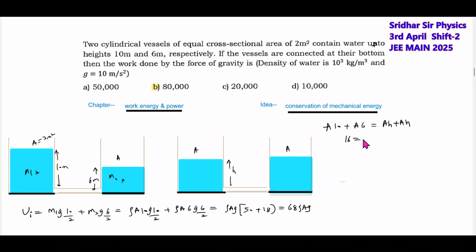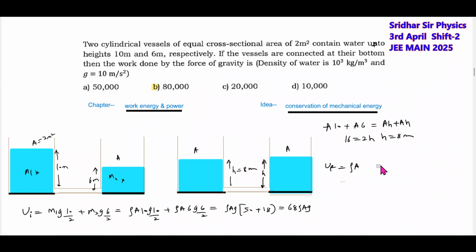So 16 equals 2H, H equals 8 meter. The level of liquid in both the vessels will be up to 8. Then the final potential energy of the system will be, here the mass will be rho A g H by 2.